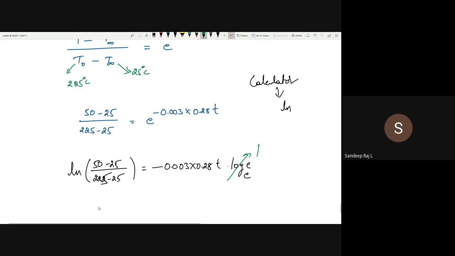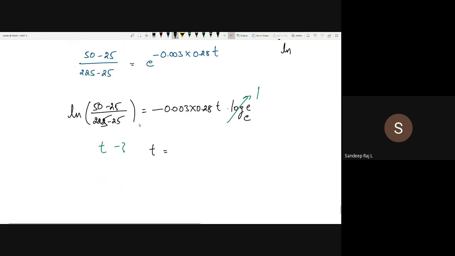So the t is the only unknown here. That particular t we can calculate here. The t is equal to ln of 50 minus 25 by 225 minus 25, divided by minus 0.003 into 0.28. So tell me what is the t value?